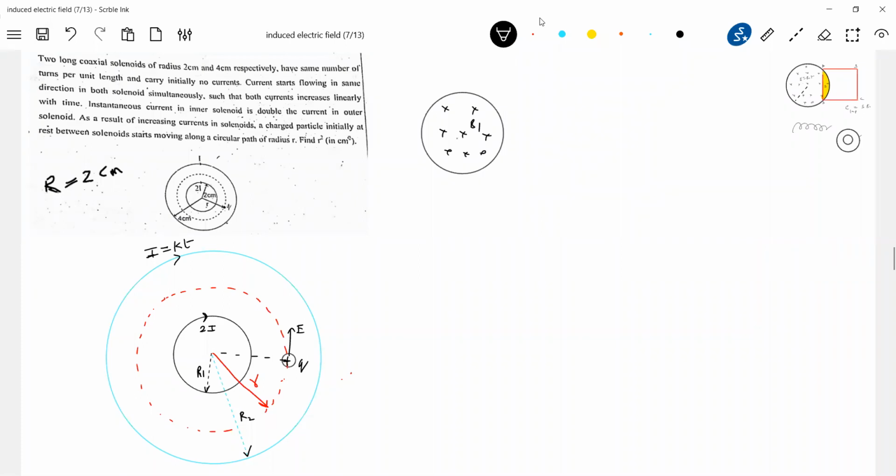So what is the expression for B1? What do you write? Mu naught N, and what is the current? It should be 2KT. And then what is the flux linking till here? Flux due to the first solenoid should be equal to B1 into effective area. Effective area is pi R1 square only, no?